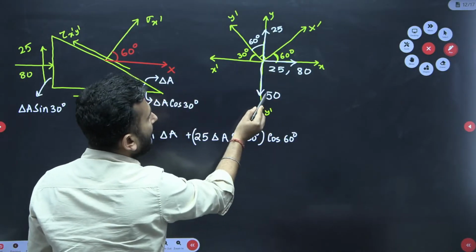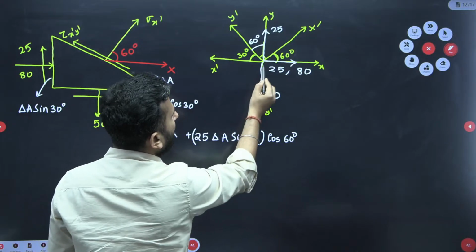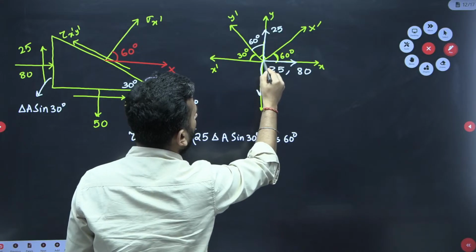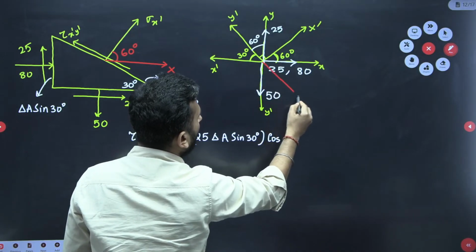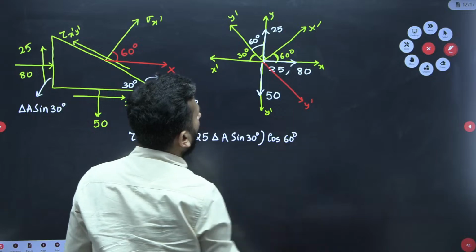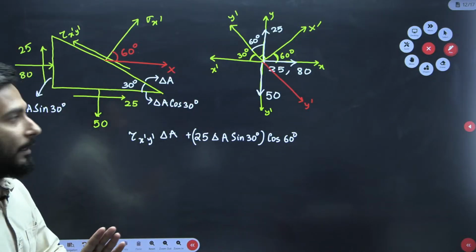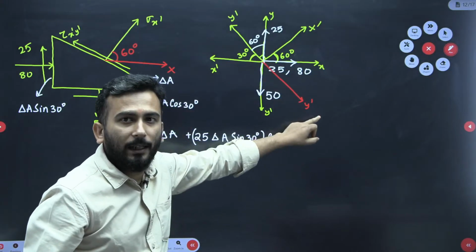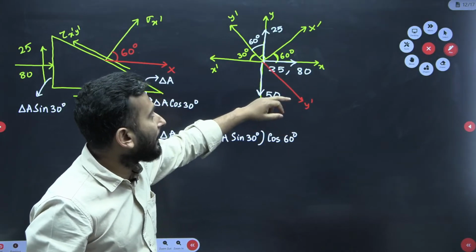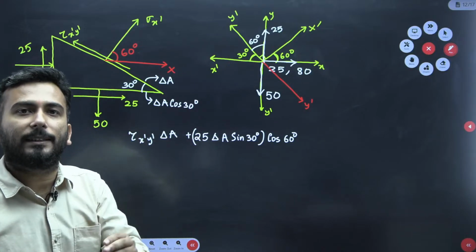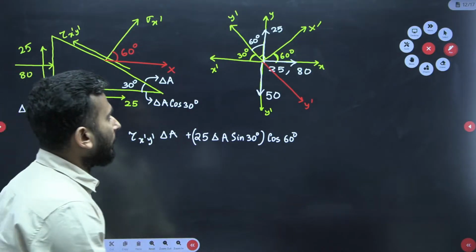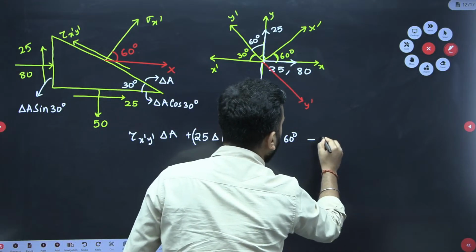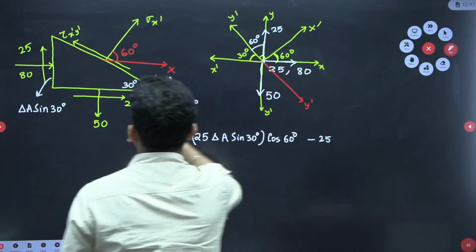Okay, now what is left? Now I think we have to draw in this way also, then only it will be clear. Okay, this is your y dash. Now one thing I am able to see, that whatever the remaining forces are there, I have to take the component in the direction of y dash, so it will be minus. That sign will be minus. This thing I am able to see from here only. Okay, so minus. Let's take the shear 25. So it is acting on which area?